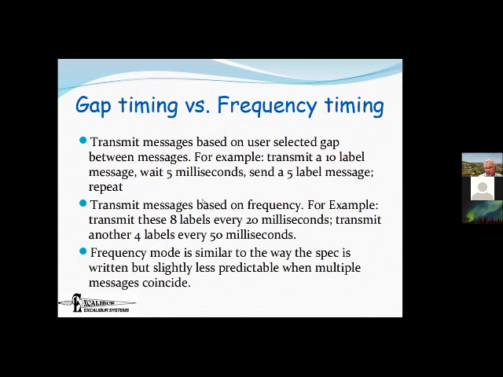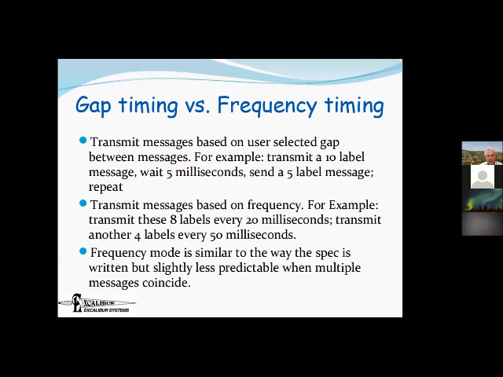I know nobody's flying these days, so I don't mind saying that. Okay, now in terms of the timing, there are 2 ways you can do it. According to the spec, it makes sense to say, all right, this label goes out at this frequency. That was 10 times a second. However, that takes away control from the user, gives it to the card, which means that the stuff will go out extremely accurately.